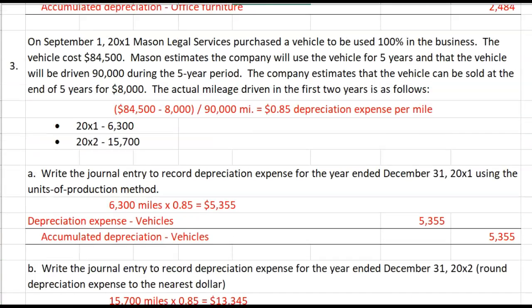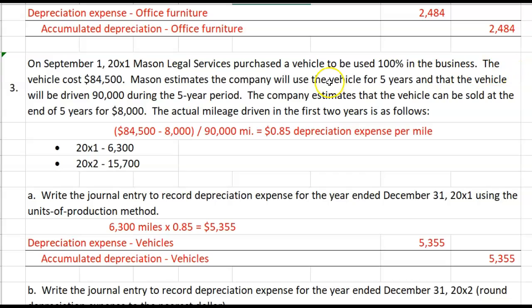We did not own that vehicle for the whole year in 20X1. We purchased the vehicle and began using the vehicle on September 1st, 20X1. It is now December 31st, 20X1. So we've only used that vehicle in 20X1 for 4 months. That's a huge hint.